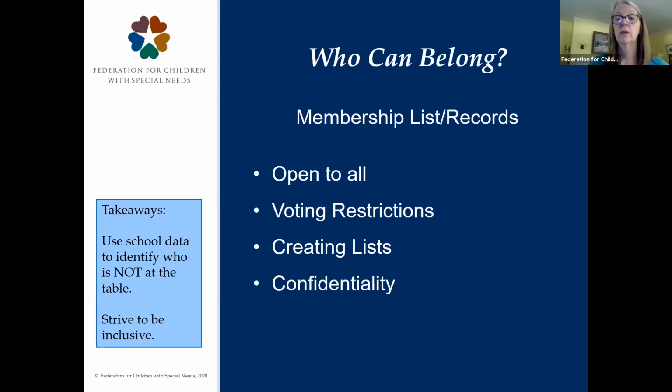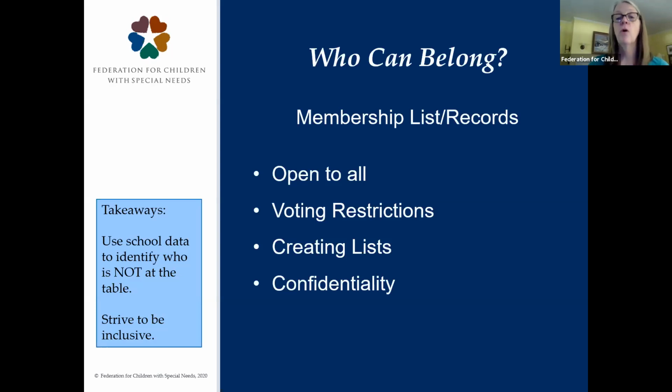What are the groups within your community that you need to connect with? Your membership in your SEPAC should be very broad. It should include people from all disability types within your school district, and especially include those majority disability types so that their voice is represented at the meeting.